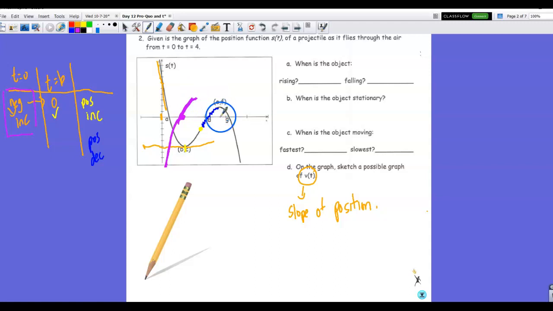We know the slope at E is 0, so that's easy. So positive, decreasing. All right, so this was our maximum slope. So now we're going to leave E where we have a slope of 0.